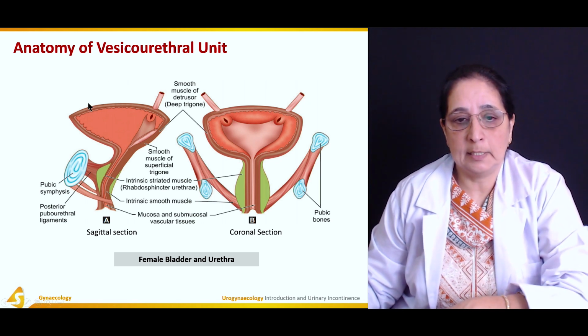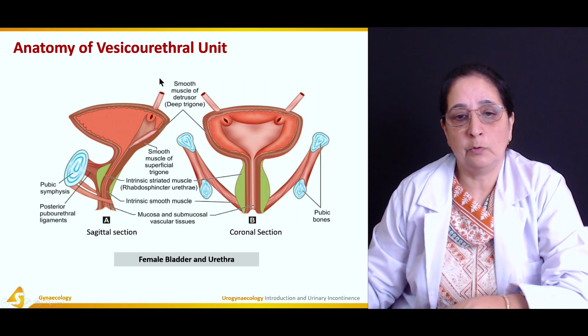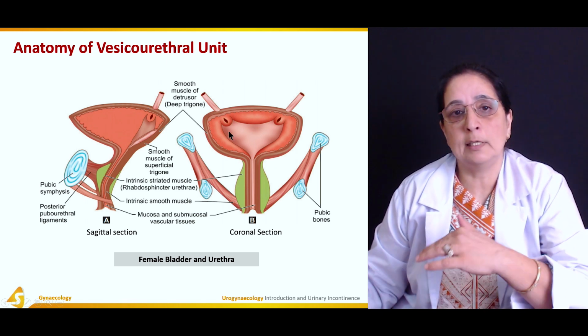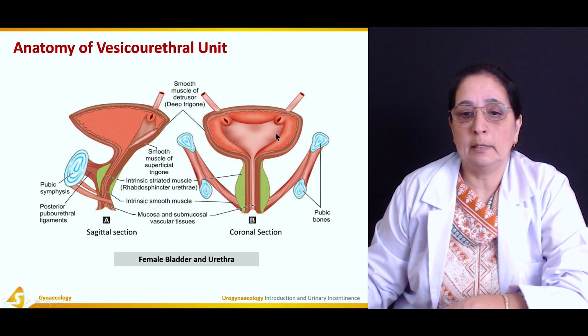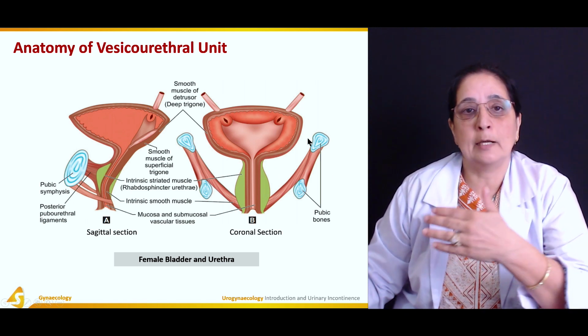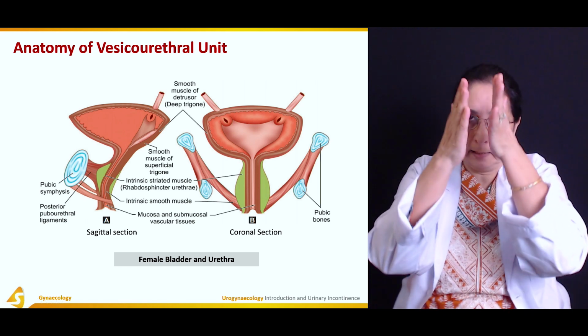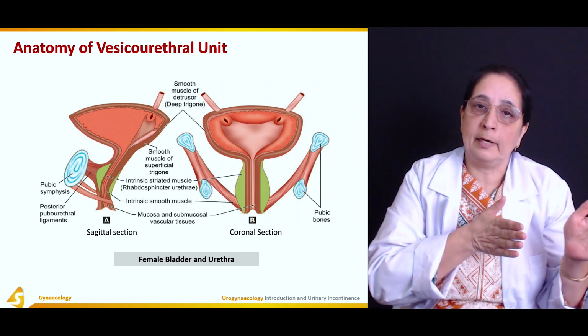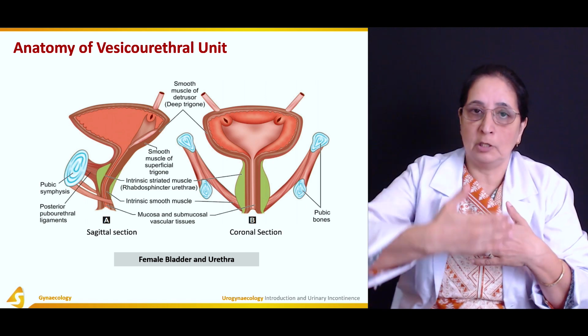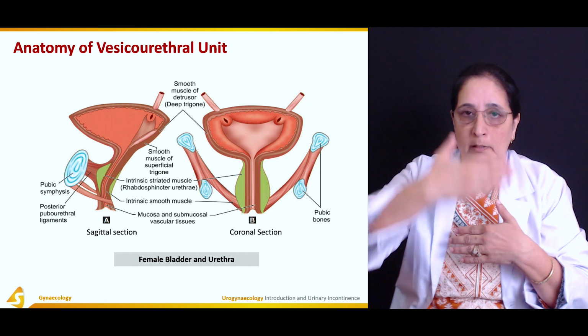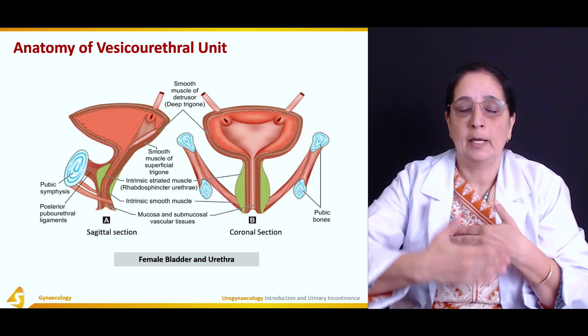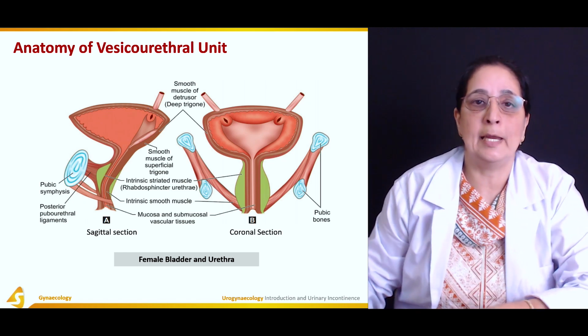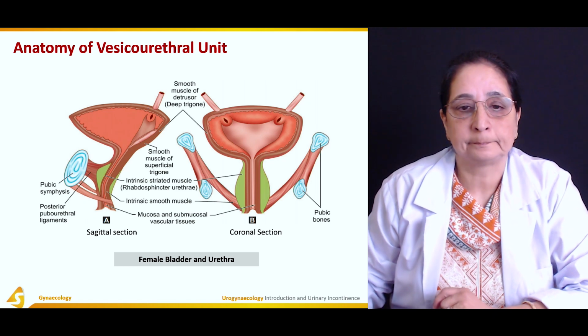In the coronal section, the organs are cut into front and back. So the sagittal plane goes vertically, dividing into right and left halves, and the coronal section goes horizontally, dividing the body plane into front and back.